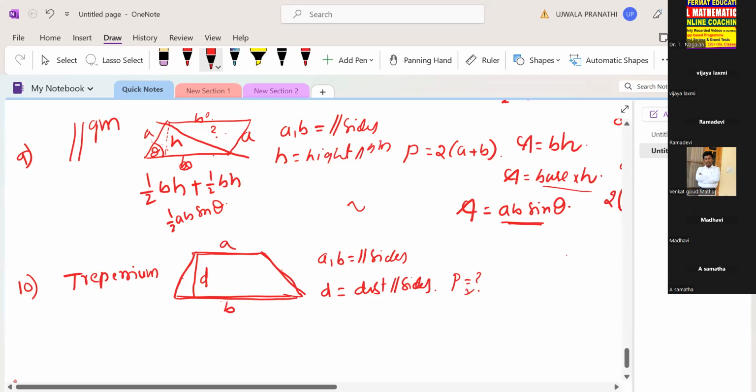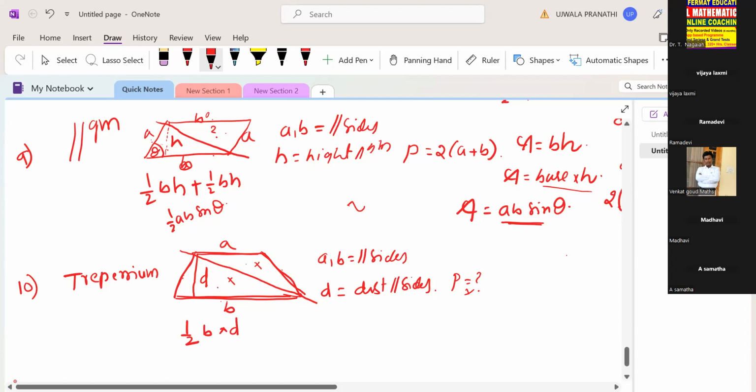So here we have to find the area of this trapezium. If we draw a diagonal, then this divides the trapezium into two triangles, which are not equal. So how can we find the area of this trapezium? Area is half into base B into D, because this distance is the height of this triangle. And this is the area of this triangle.